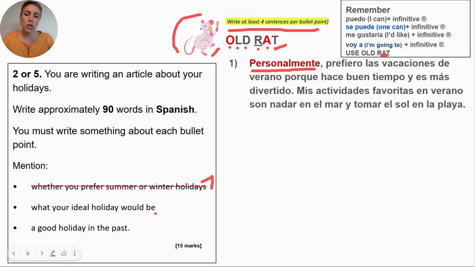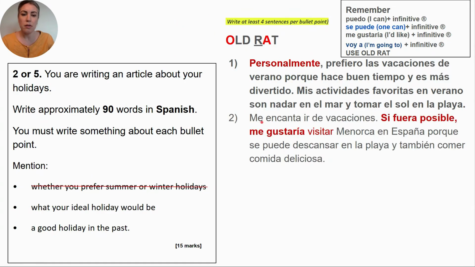What your ideal holiday would be. I went with this: Me encanta ir de vacaciones. Si fuera posible, me gustaría visitar Menorca en España, porque se puede descansar en la playa y también comer comida deliciosa.